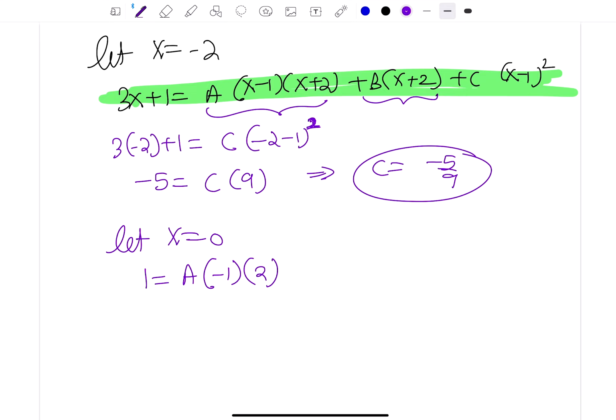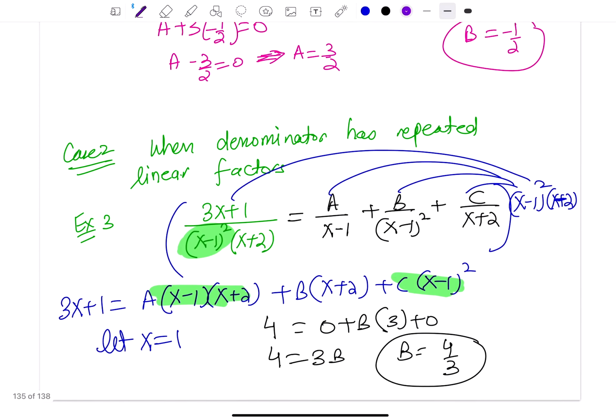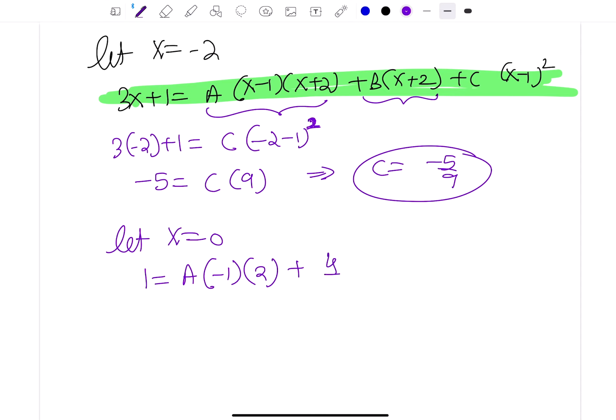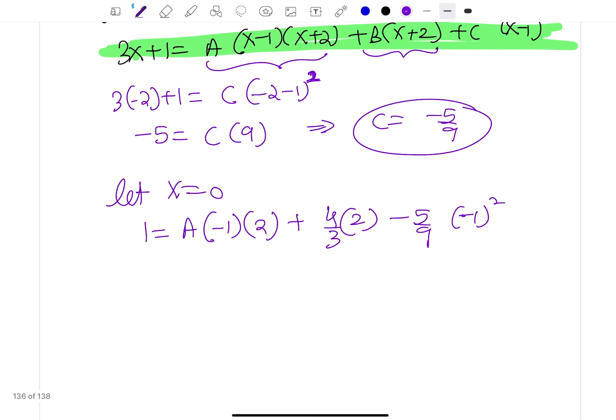Negative 1, negative 2 plus b is, we just found it on the previous page, 4/3, and x is 0, we just chose, and c is -5/9. So the only missing piece in this case is a, so we will be able to find a in here. -2a plus 8/3 minus 5/9, because -1 squared will be +1.